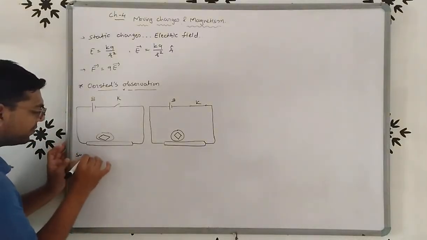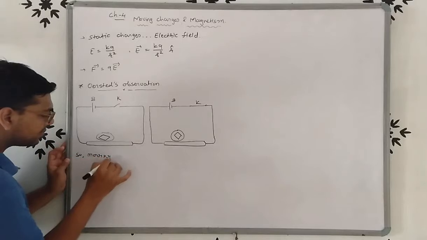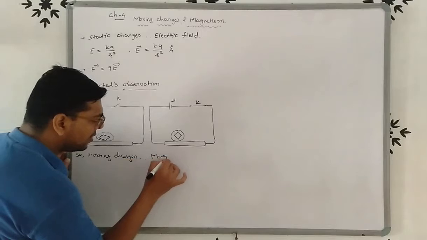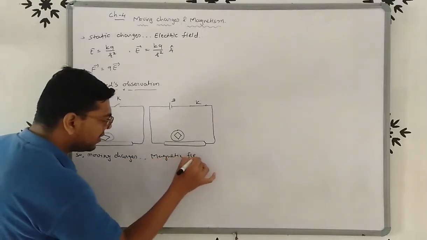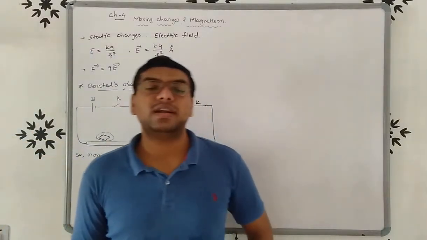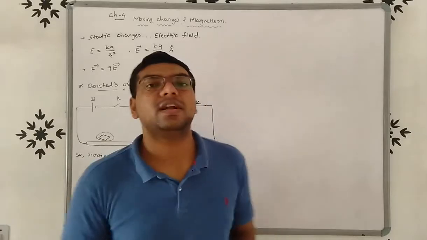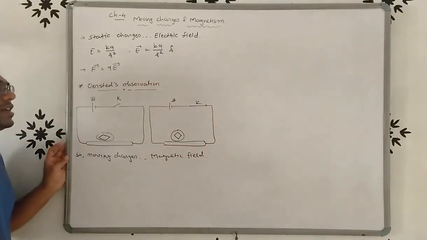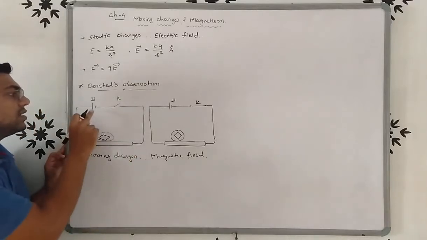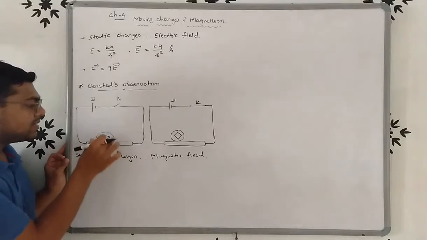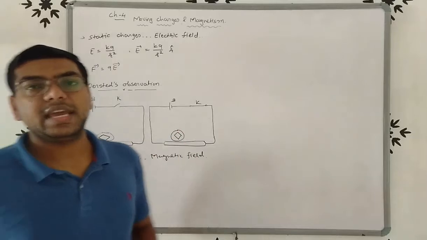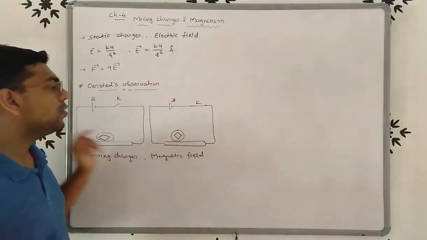So he proved that moving charges produce magnetic field, right? So from this experiment, he proved that moving charges produce magnetic field. Once again, what is the Oersted observation? Oersted takes one conducting wire and connects it with a battery and key, and he places a magnetic needle like this. Now he switches on the key, so there will be a flow of current.